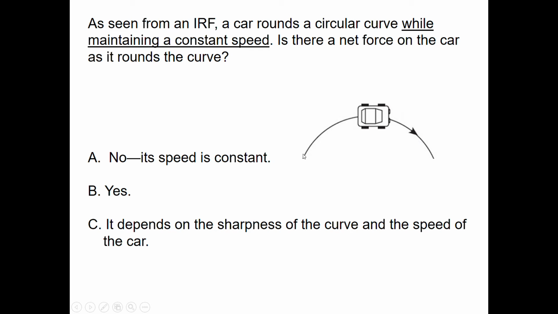So it's going around the curve at a constant speed. It's not speeding up or slowing down, but it is changing its direction. The question is, is there a net force on the car as it rounds the curve? No, yes, or it kind of depends on the details of what's going on there. So take a moment and think about your answer.